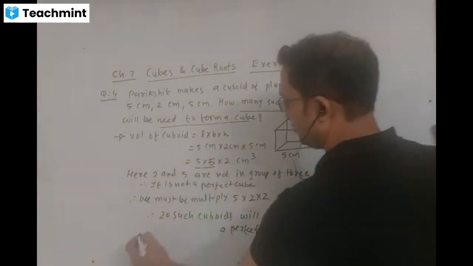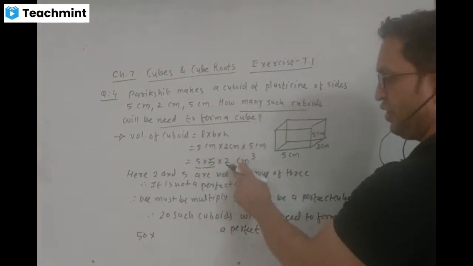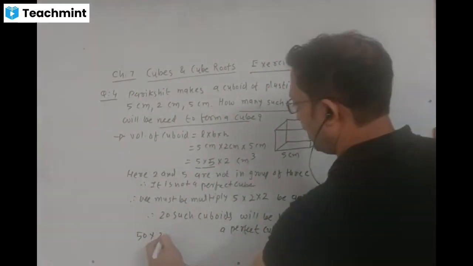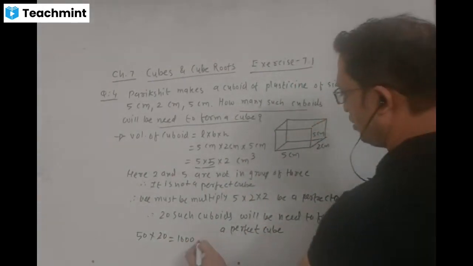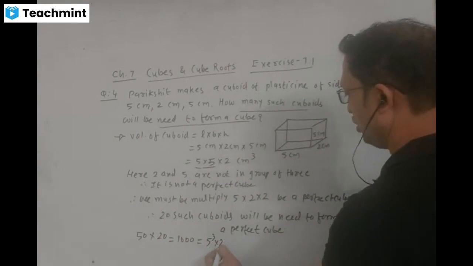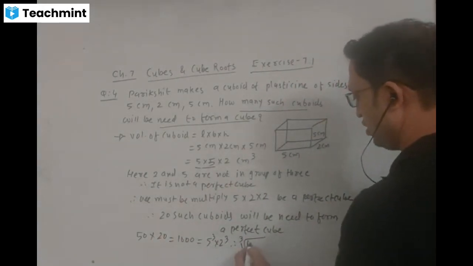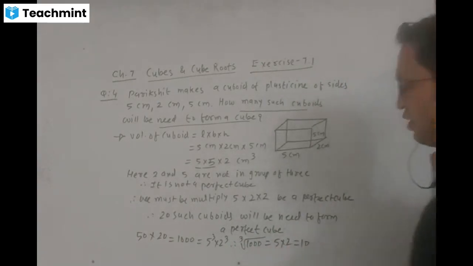Therefore the number 50 multiplied by 20, that is equal to 1000, and that is equal to 5 raised to 3 into 2 raised to 3. Cube root of 1000 is 5 into 2, that is equal to 10.